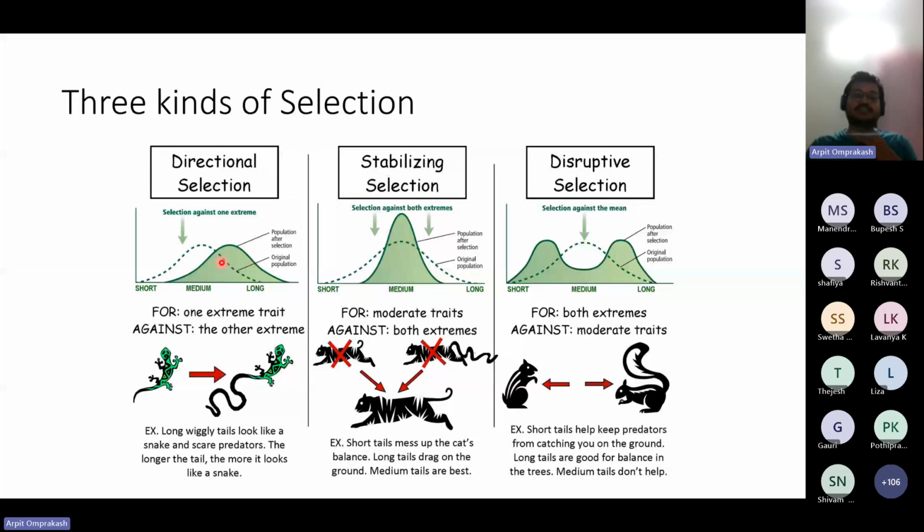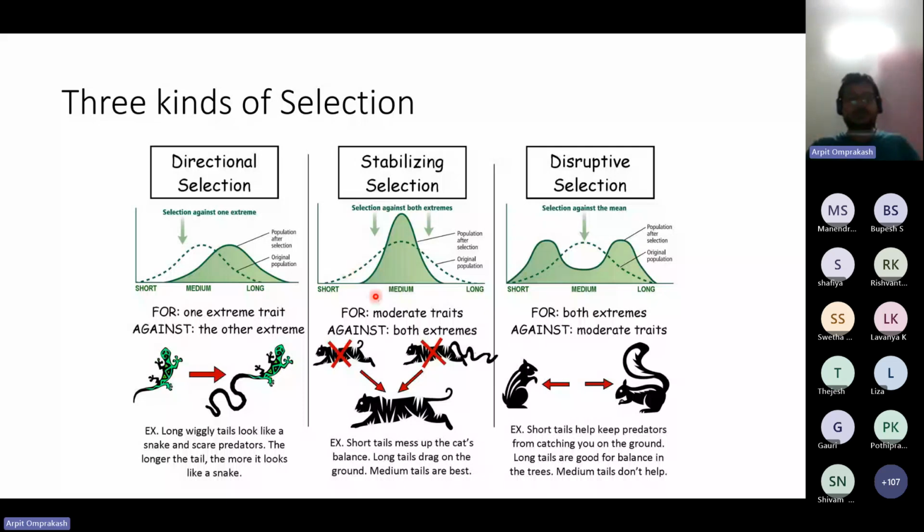Next, we have stabilizing selection. So the dotted line again is the distribution for the original population, and the colored one is the distribution for the population after selection. In stabilizing selection, the mean value is more amplified and the other extreme values are slowly eradicated.